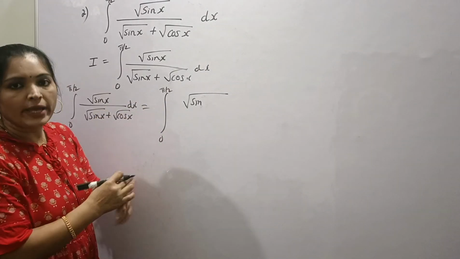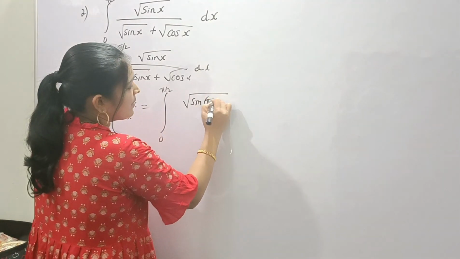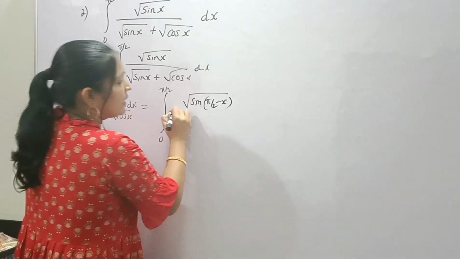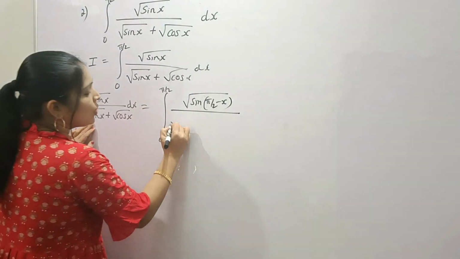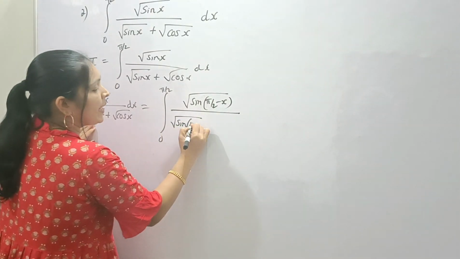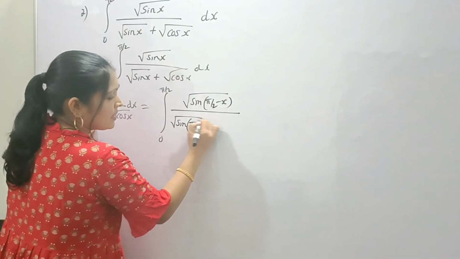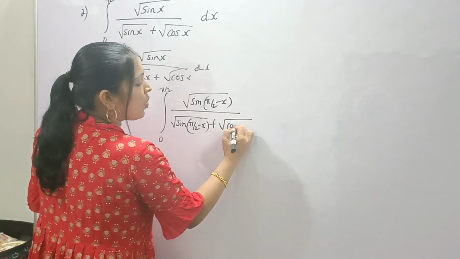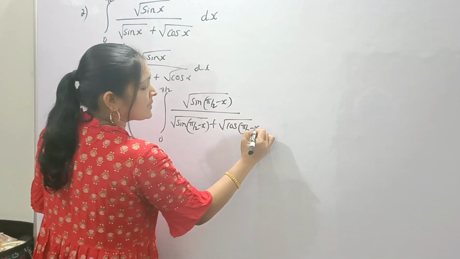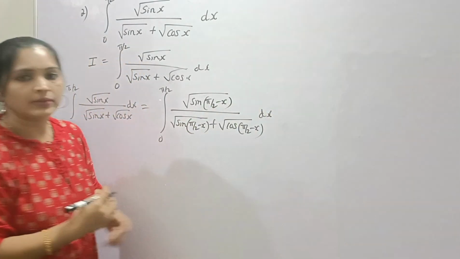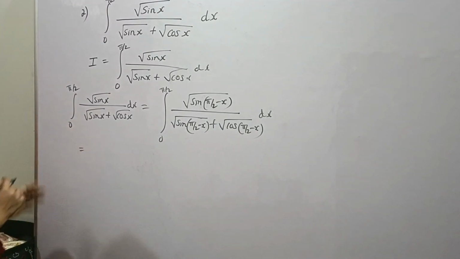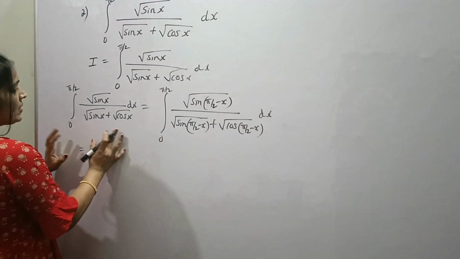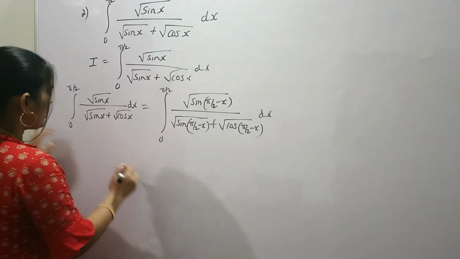Here a is pi by 2. Okay, so pi by 2 minus x, divided by, here also, root of sine pi by 2 minus x plus root of cos pi by 2 minus x dx.